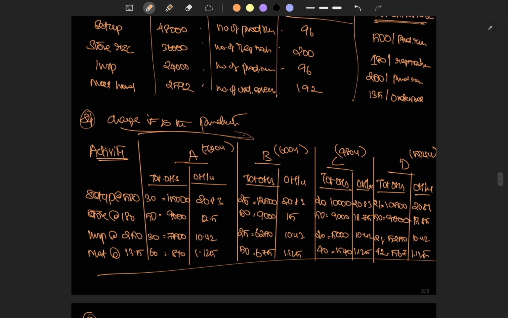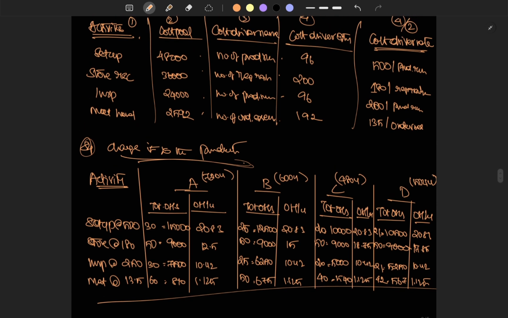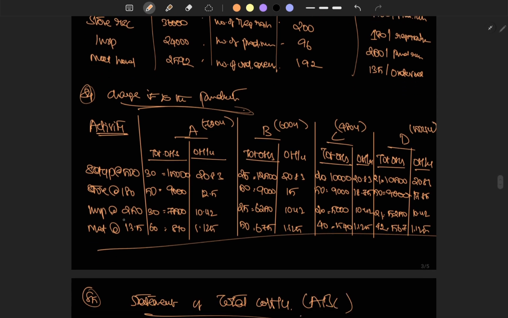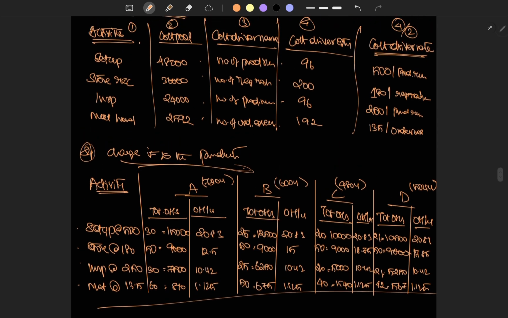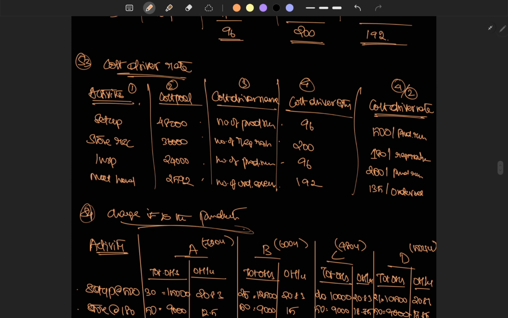After that, we got all the cost driver rates and just listed the figures here. We have taken all the products, A, B, C, D, and we got the total overheads by calculating cost driver rate into cost driver quantity.